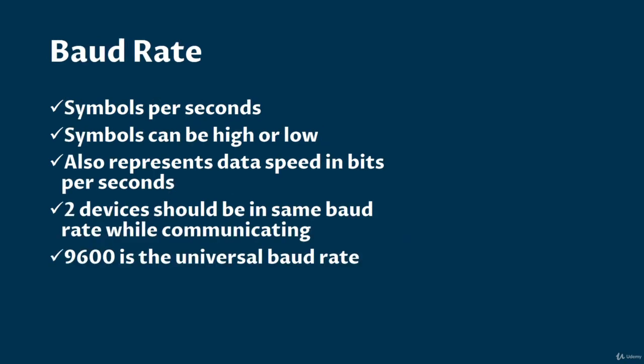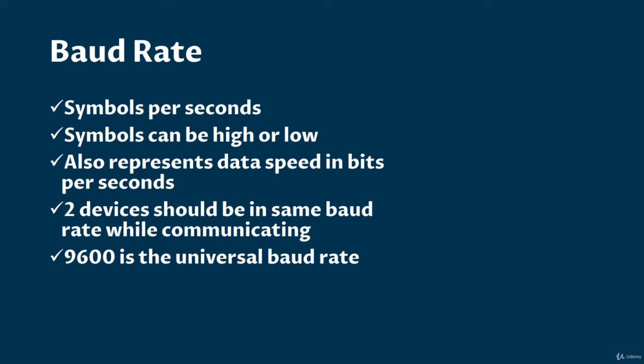Now the second one is the baud rate register. Technically, baud rate is symbols per second. Baud rate often decides the speed of communication. A successful communication between a sender and a receiver is possible only when they both negotiate on the speed.